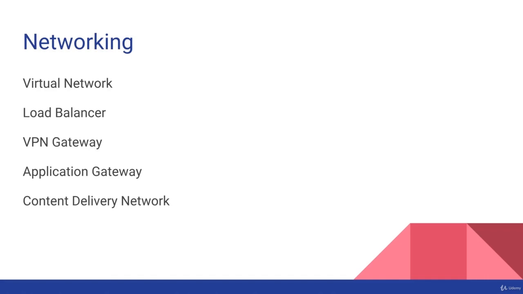Finally, the last networking concept we'll talk about is a content delivery network, or sometimes it's abbreviated as CDN. A content delivery network are servers that you don't control, but will actually store your files to distribute to your users that will basically speed up your application.